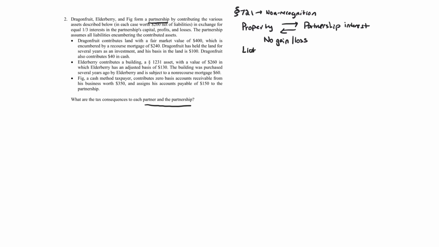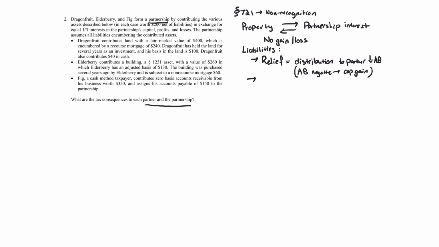Because liabilities under the tax law on formation, contribution, whatever you want to call it, when a partner has liability relief where the partnership takes it on, that's viewed as a constructive cash distribution to the partner. And that is going to reduce the adjusted basis, and if the basis goes negative, there will be capital gain in general to the partner because we can't have negative basis.